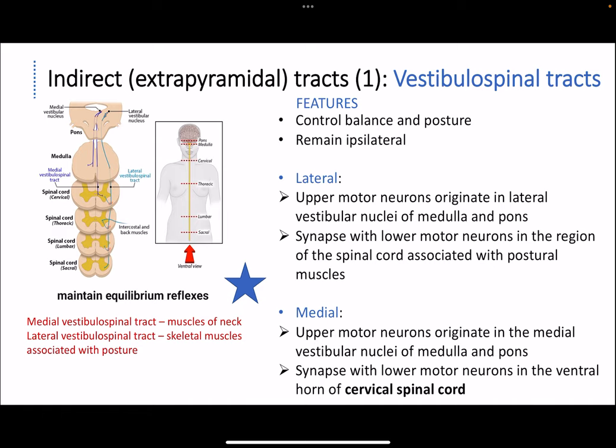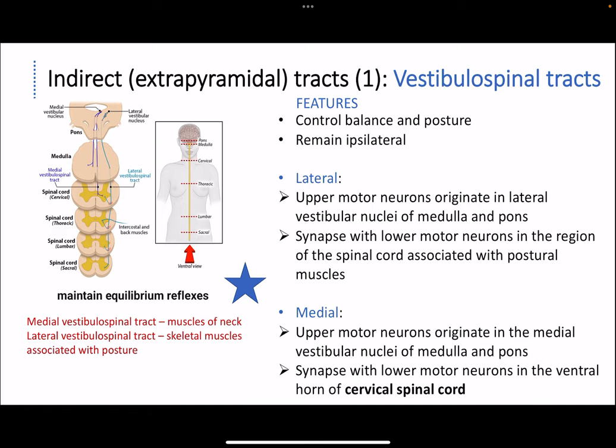So we have the vestibular nucleus here in the pons. It receives its innervation coming over here from the ear, coming in via cranial nerve 8. And from there, you go down and you give innervation to muscles of the head and neck for that control of muscle tone, extension of the head, extension of the back and the arms for maintaining balance and for maintaining position.